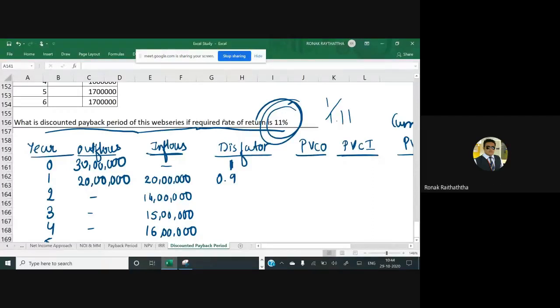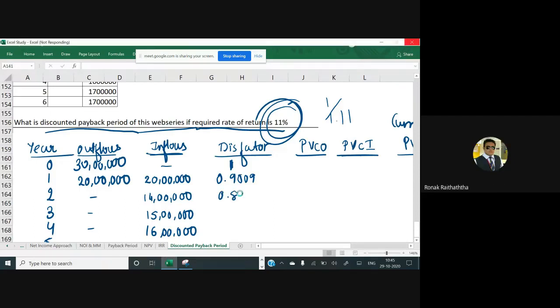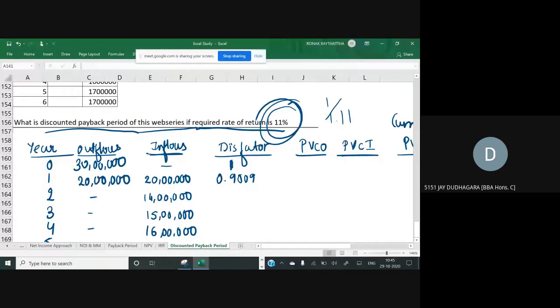Okay, better up to 4 digits we would take it. If we take up to 4 digits, then we would have the best answer. Next one, press equal to 0.8116. Good to see that. Next one.